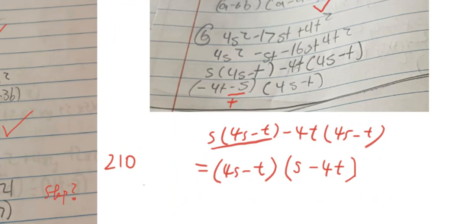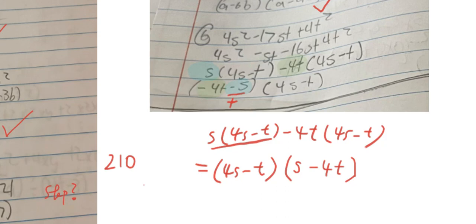So if you multiply this green color term, you will get this green color term, and then if you multiply this blue color term, you get the blue color term.